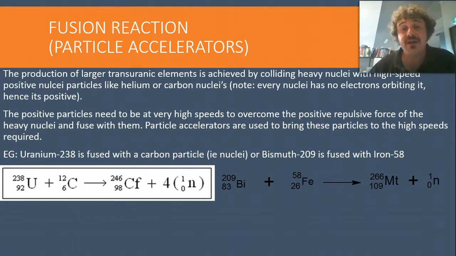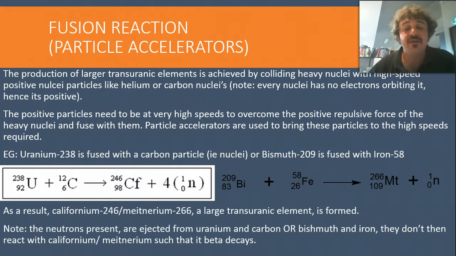This gives us meitnerium and 1 neutron. Okay, so we get these two large transuranic elements. The neutrons which are ejected don't interact with other atoms because they've got a neutral electric charge. They should pass straight through the other isotopes and atoms.